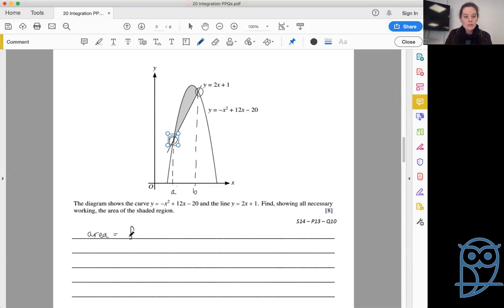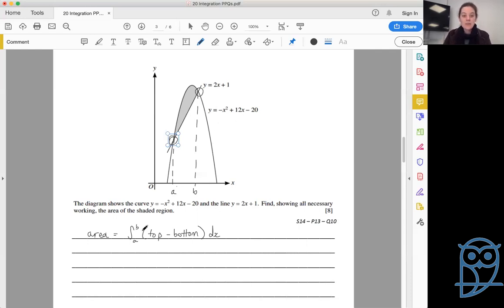Area equals integral from A to B of top minus bottom dx. Yes, it is very technical terms, top minus bottom, but what this is doing is it's setting up exactly where we're going. It's helping us keep on track of what we need to do.